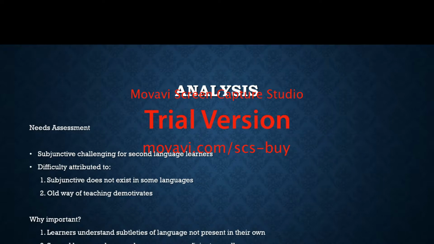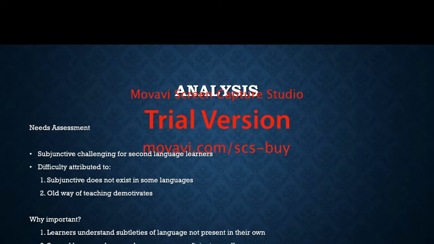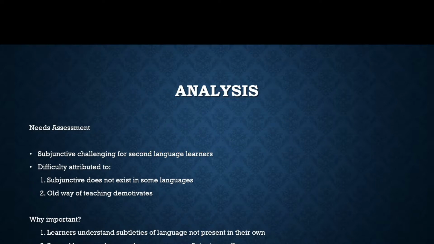For example, English speakers do not use the subjunctive. And so imagine an English learner learning something that they have never been taught or been made aware of their entire life. Number two, not all strategies used by second language teachers promote or motivate students to want to learn the subjunctive because of the way that it is taught.